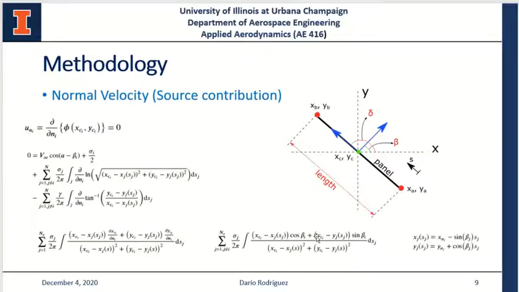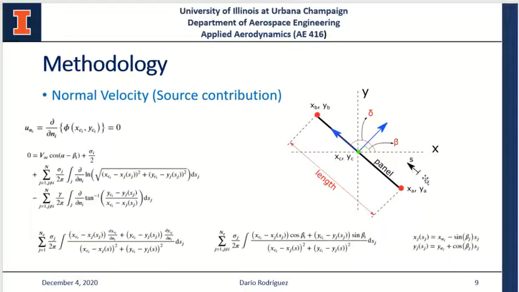This is the same as over here, but easier to code. To solve this integral, note that the xg and yg expressions depend on s, and sg refers to the panel that we are analyzing.